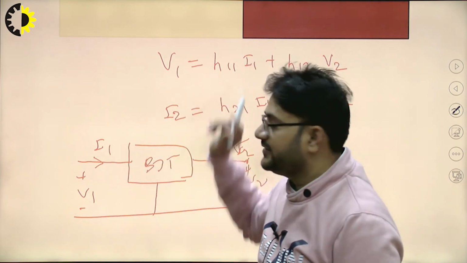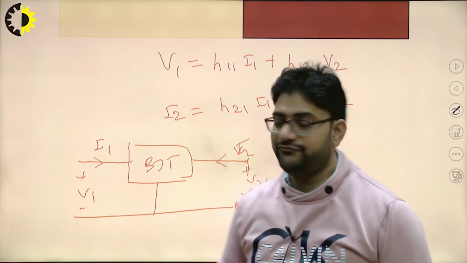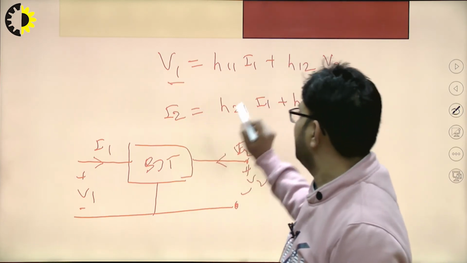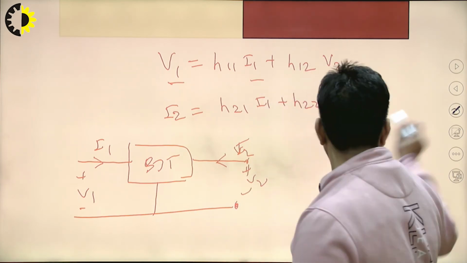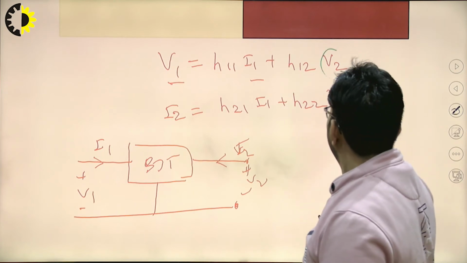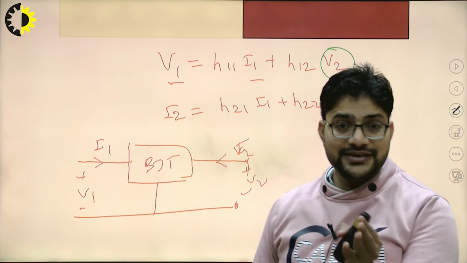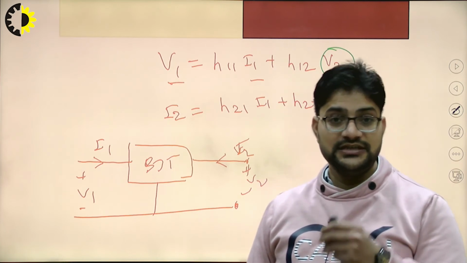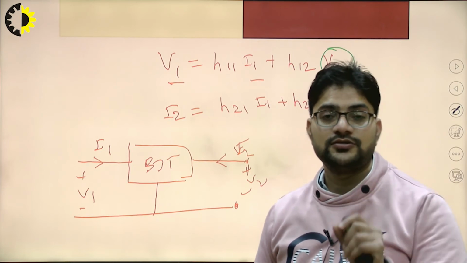And this is your H parameter model. So input characteristics will be in between V1 and I1 while keeping this V2 as constant. Output voltage is to be kept constant if we want to plot the input characteristics of any configuration.